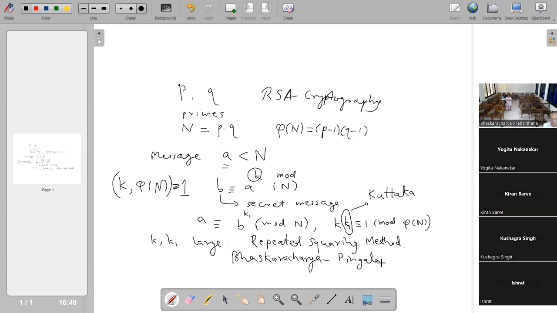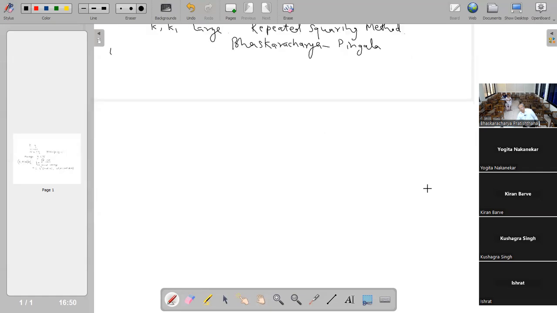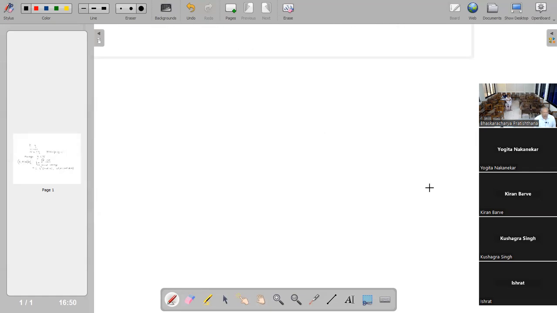And how is this method used? Suppose I want to find the 40th power.